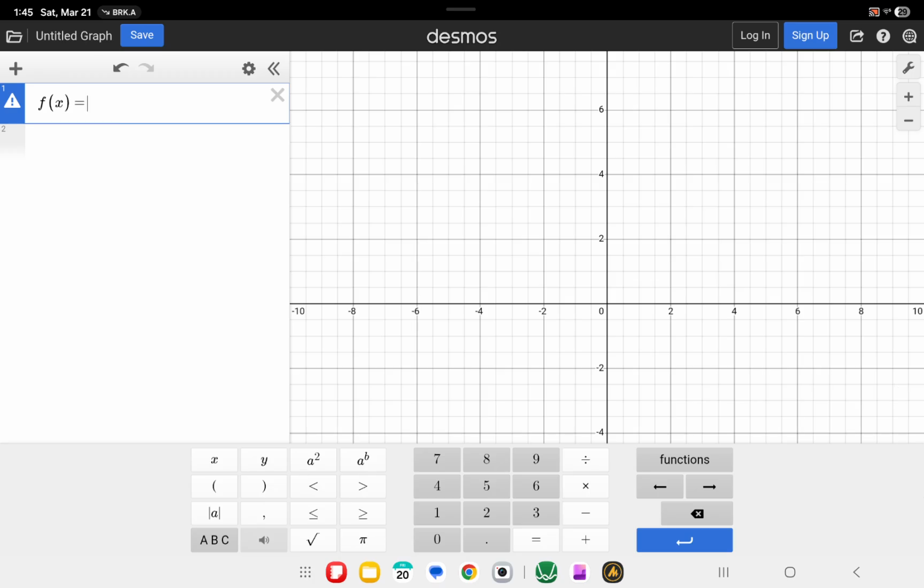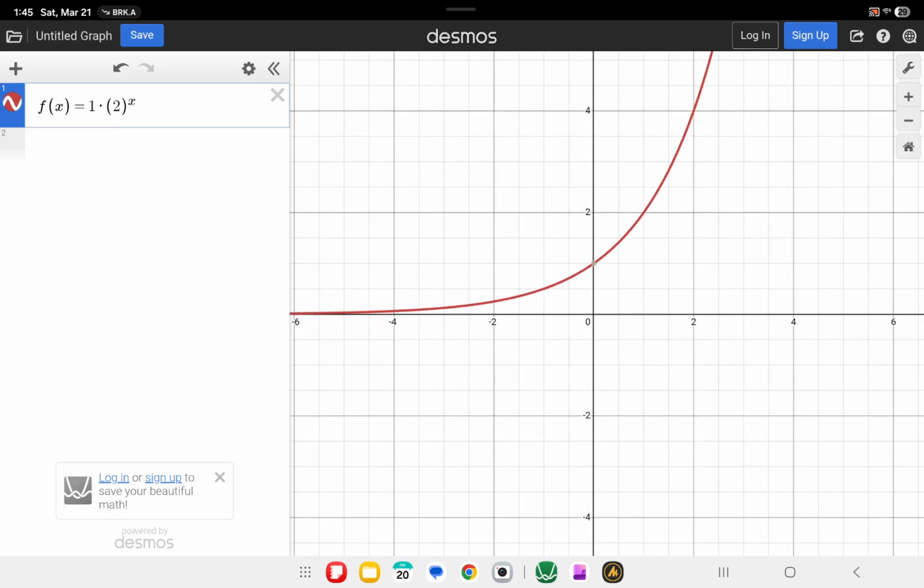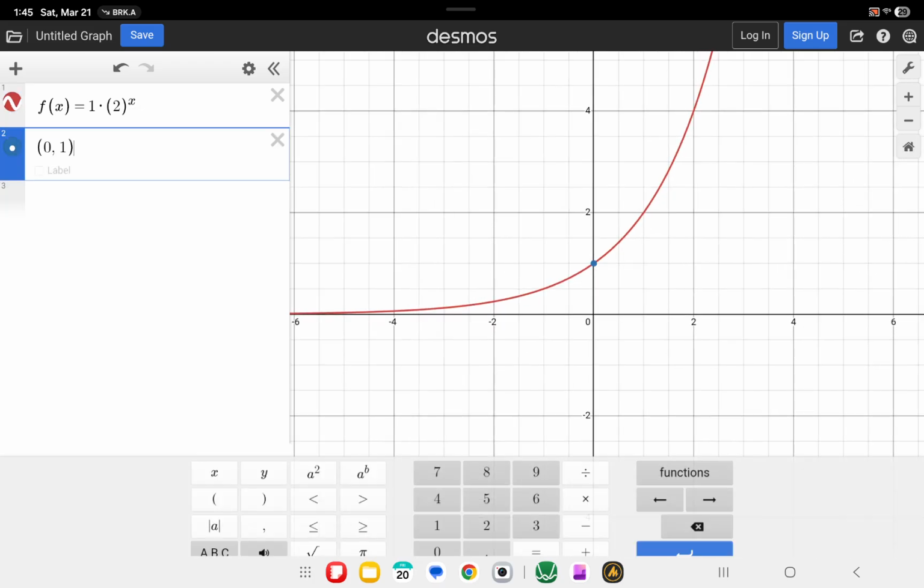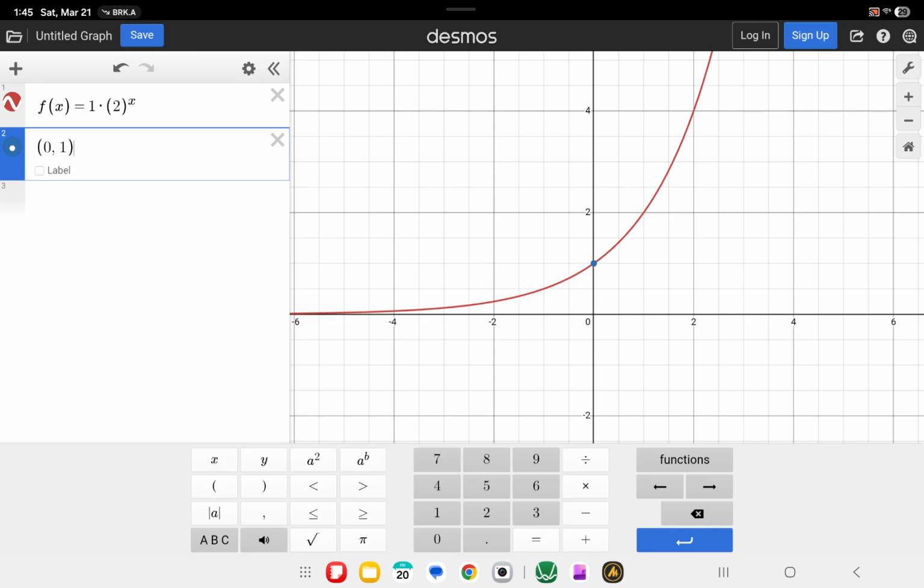I want to do equals 1 times parentheses 2 close parentheses raised to the x power. And now I get a lovely picture on this. If I click on that point right there, it's going to give me the point 1, 0.